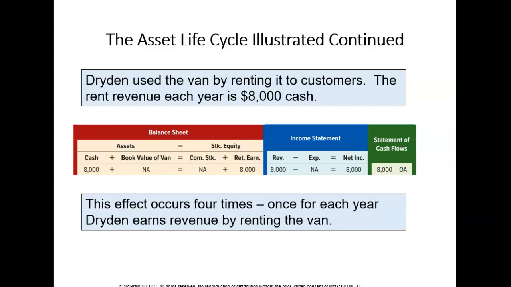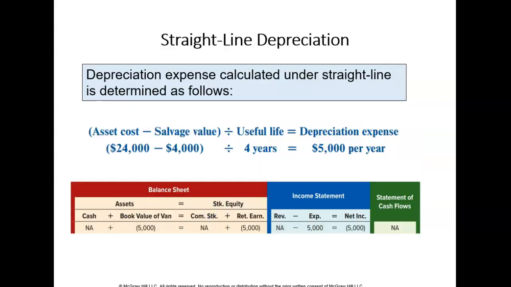Meaning that we're now going to focus on what's known as depreciation, and we have a formula called straight line depreciation. The formula is the cost of the asset minus salvage value divided by the asset's useful life to get the amount of depreciation expense.